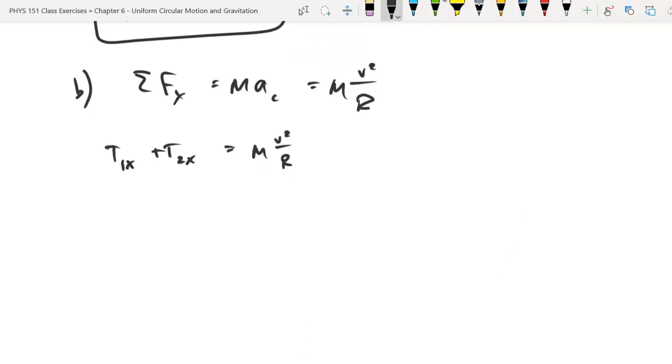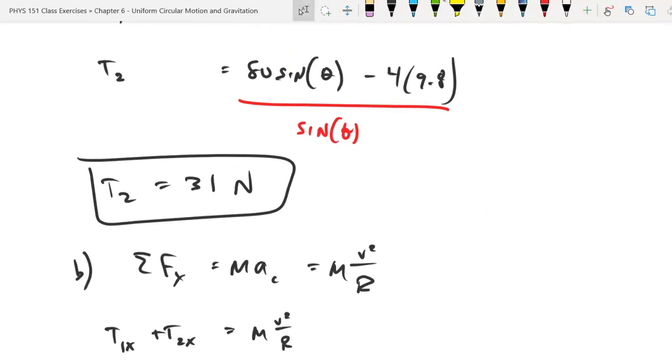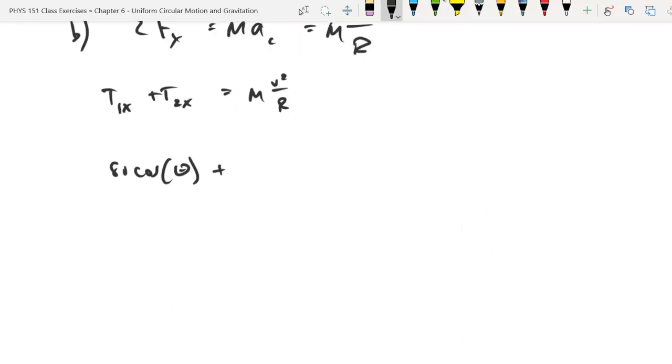So T1 was 80, so this is 80 cosine theta plus, what was T2 we just found? 31. So plus 31 cosine theta equals m times v squared over r.